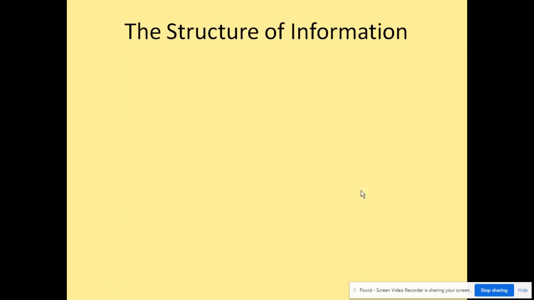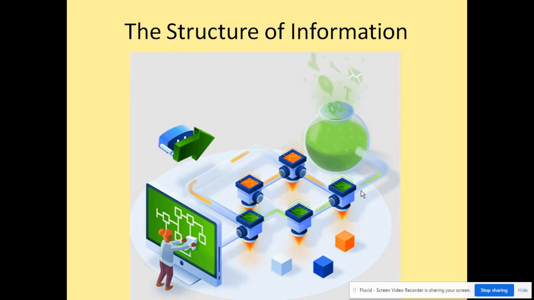Now the structure of information. Just focus on this image, what it consists of. Can I explain? Just consider this. This is the system, and that system is used by the user, but behind the system, all these components, or you can say modules, work together.